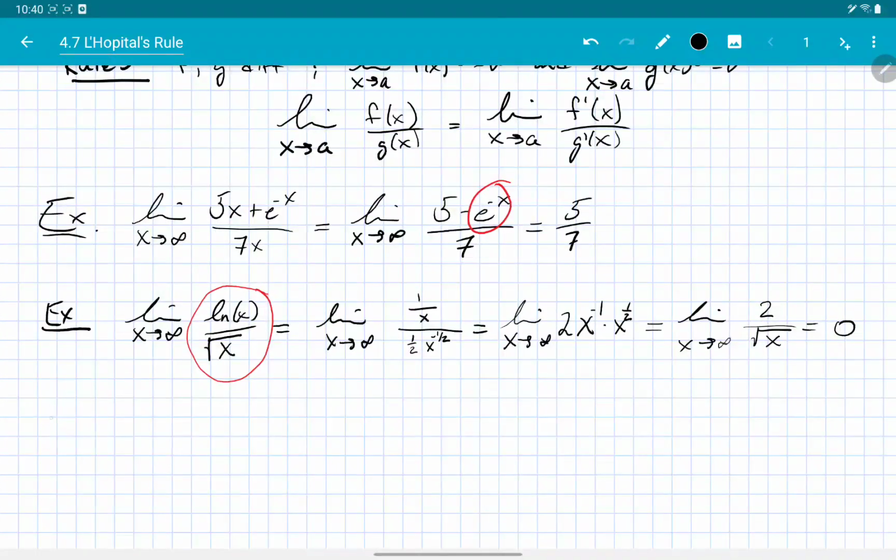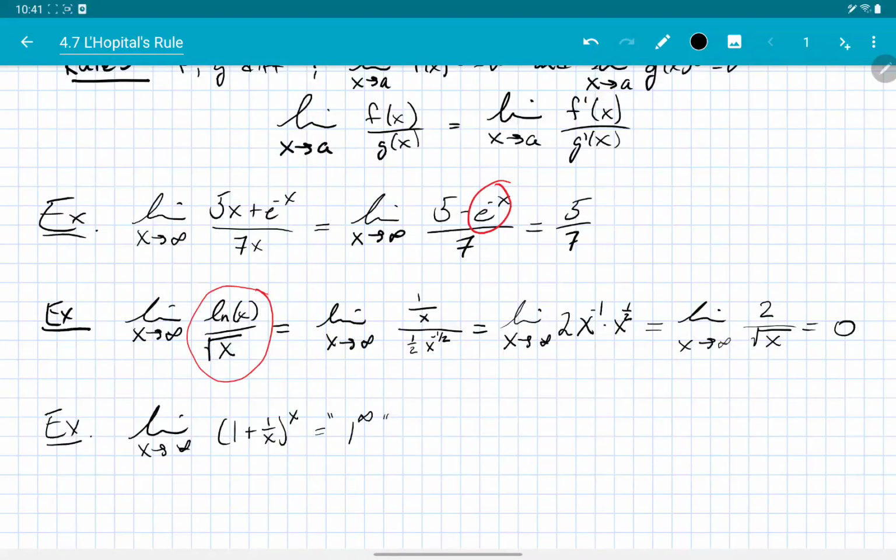Okay, let's look at one more before we go to a worksheet. Let's look at the limit as x goes to infinity of 1 plus 1 over x to the x. Well, if we just tried to plug in infinity, this would give us something like 1 to the infinity.